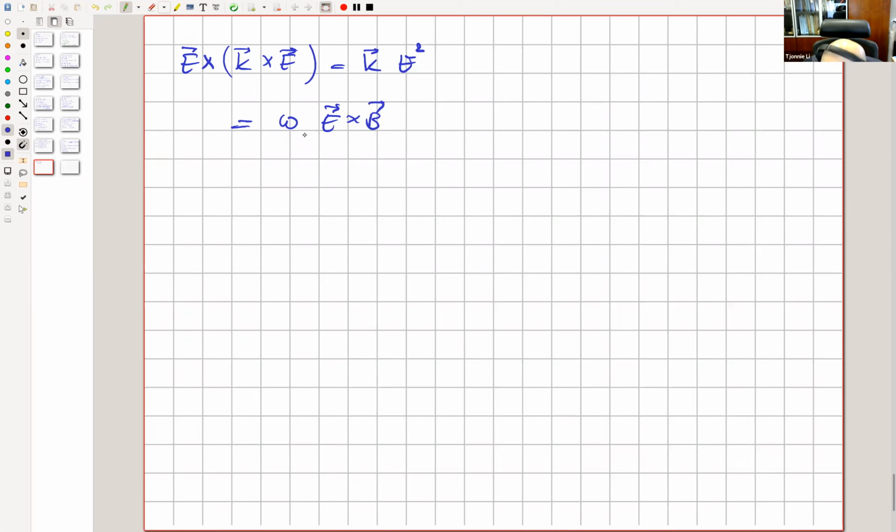Correct. So I get that k squared equals omega b. I know that a over omega is just 1 over c.